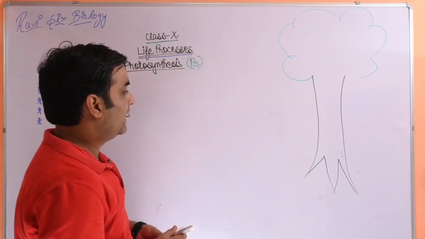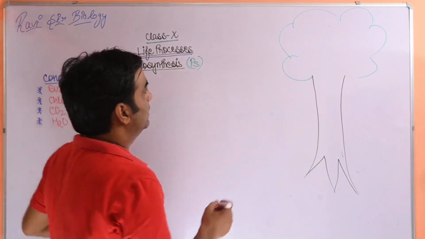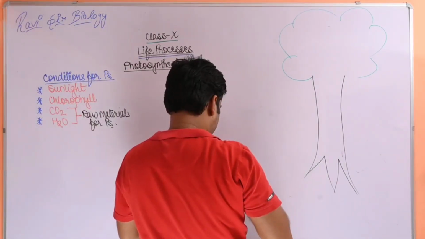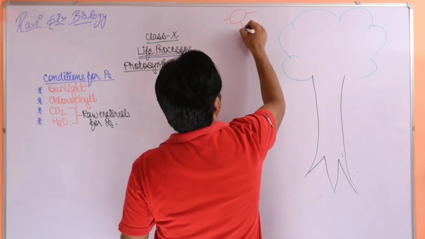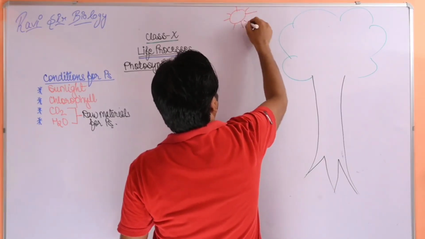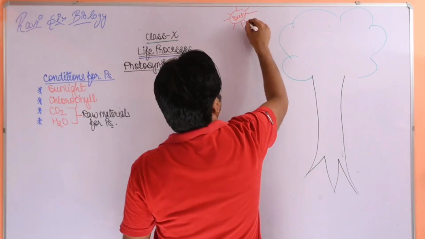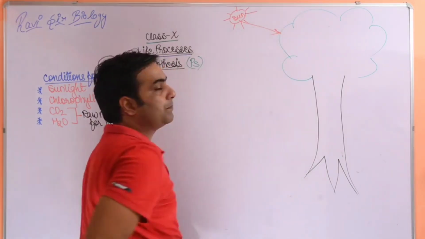So what will happen? The sun is there for lighting, so it provides sunlight to the plant.